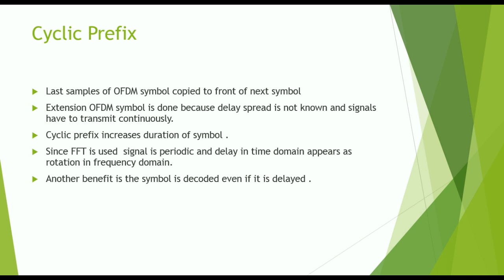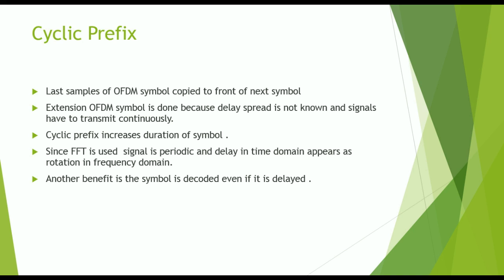Now, the next part in the OFDM system is cyclic prefix. So, what is cyclic prefix? Let us understand that. Let us consider a non-ideal channel that causes delay dispersion. Delay dispersion comes across as symbol interference, and each subcarrier channel overlaps.